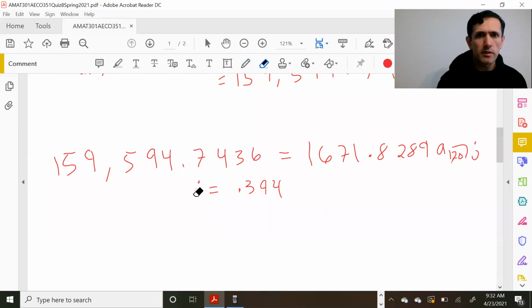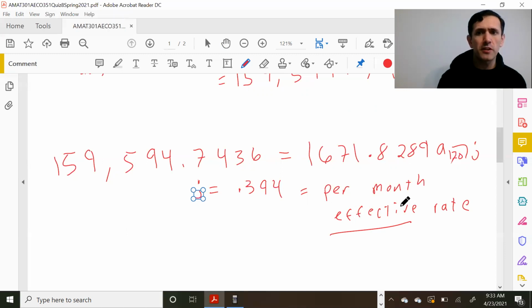Well, sorry. The calculator always has it as I. Okay. Well, this is the per month rate. Effective. This is the per month effective interest rate.